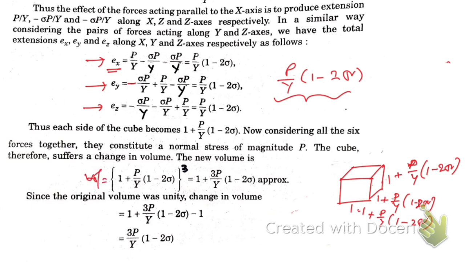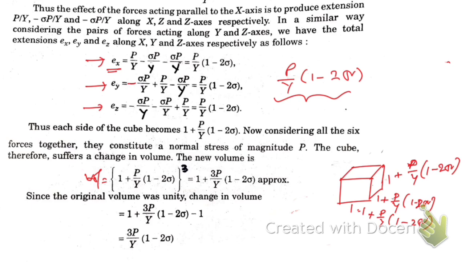Volume is given by this. And if you expand this term using the a plus b whole cube formula, we're going to ignore the higher power, the cube of this, because it is a very small quantity. So this is approximately going to be equal to this.